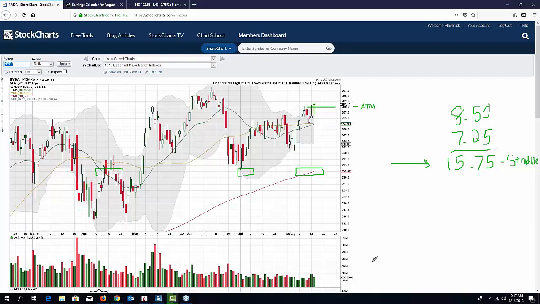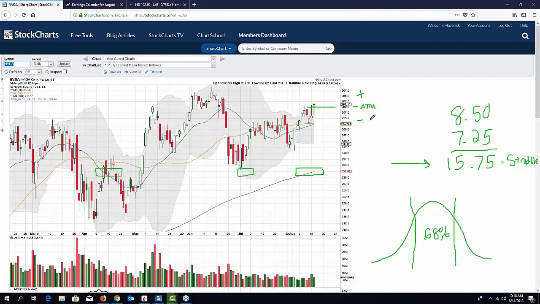So if we look at kind of the curve of probabilities and payoffs and so forth, I didn't draw that perfect, but here's our 68%, which is one standard deviation. So 68% of the time you land in this zone. That's what the straddle is. In other words, we can take the straddle, add it to the stock price, subtract it from the stock price, and it gives us the expected range.